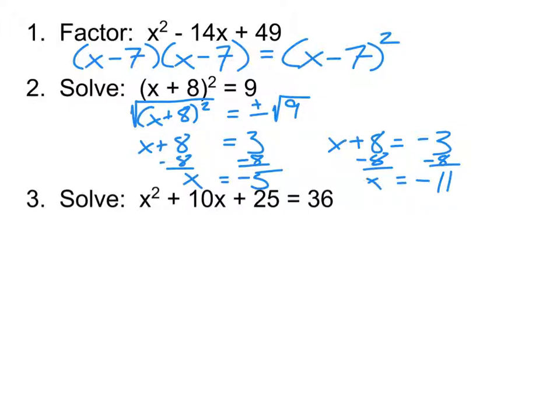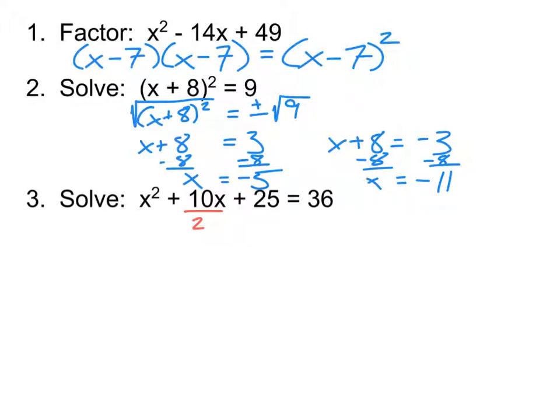If I take a look at number 3 here, I cannot solve it in its current form. I have to change the form on the left-hand side. But you'll notice that this left-hand side looks a lot like number 1, doesn't it? It follows the same pattern: if I take the middle number and divide it by 2, that gives me 5, and 5 squared equals 25.